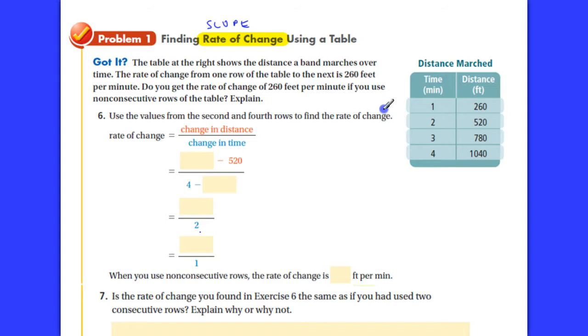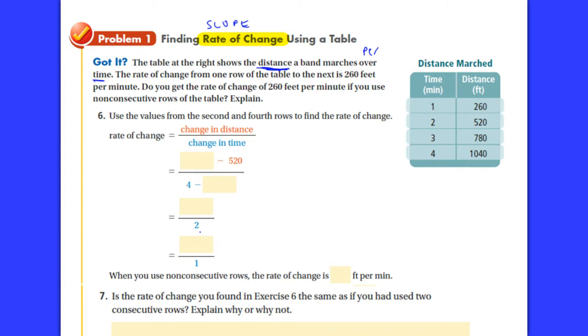Interesting that they start you with an application problem, but that might be good for us to work through and calculate this rate of change. And then we'll look at what might seem like more simple problems in a moment. The table at the right shows the distance a band marches over time. So you're looking at distance per time.